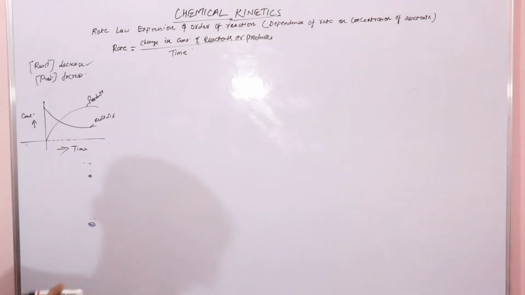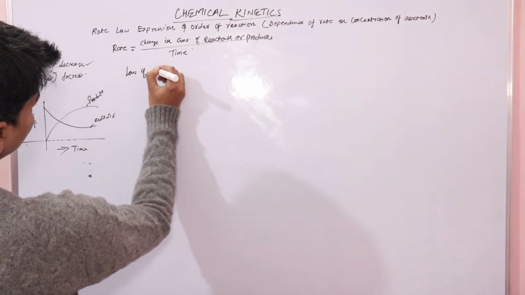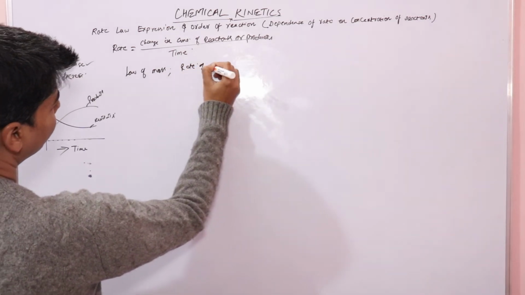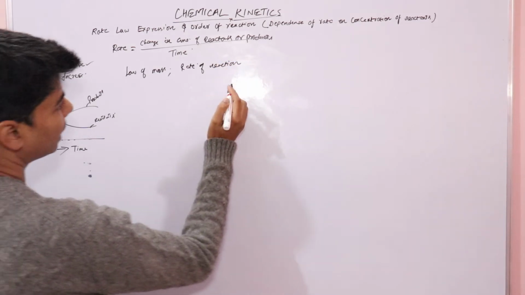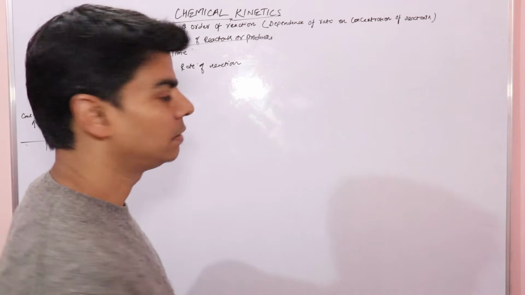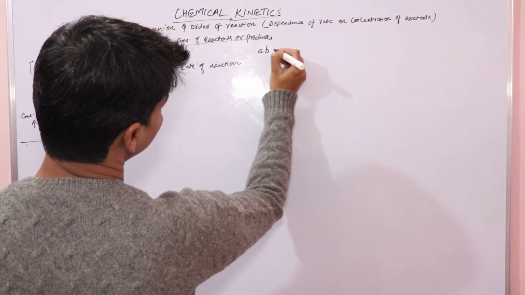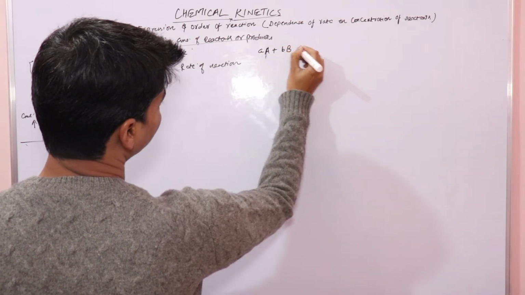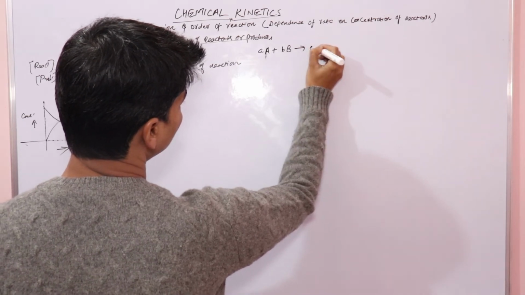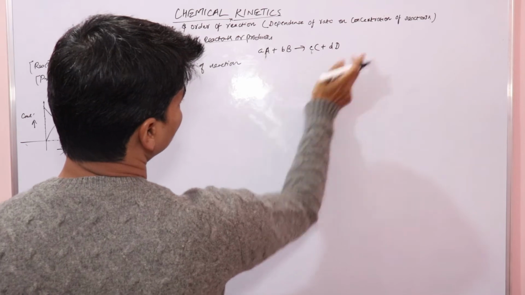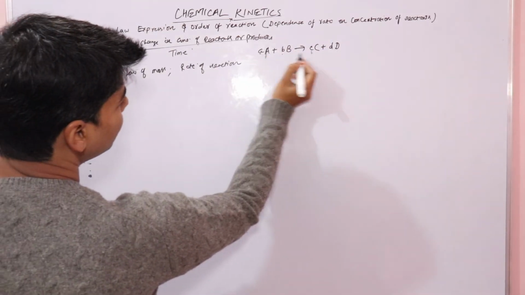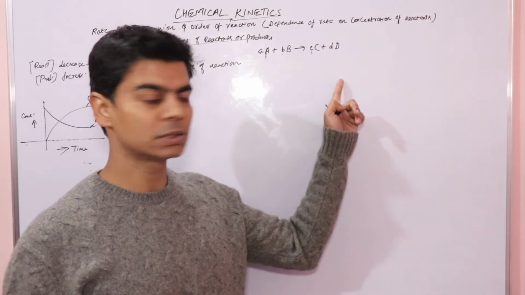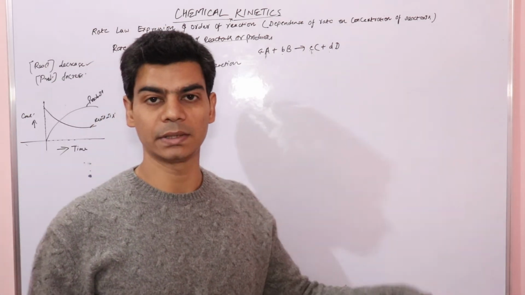So as per the law of mass action, let's take any generic reaction, aA plus bB gives cC plus dD. This represents a balanced chemical equation, where small a, b, c, d represent the molar concentration terms, the number of moles, and capital A, B, C, D represent the reactants and products.